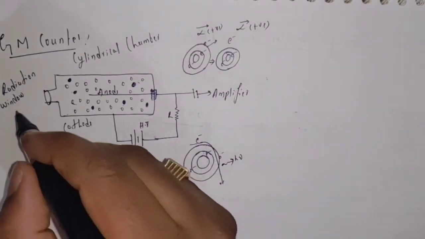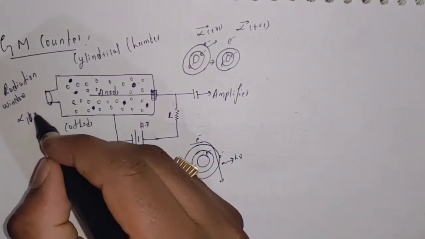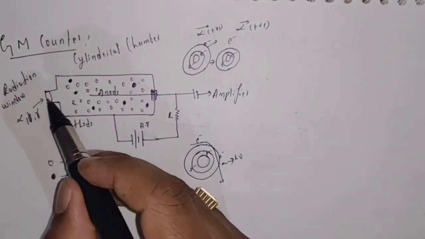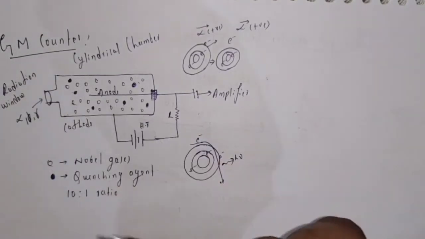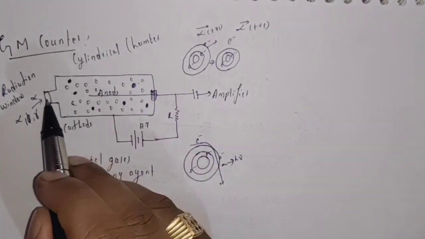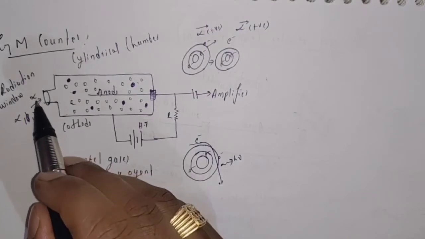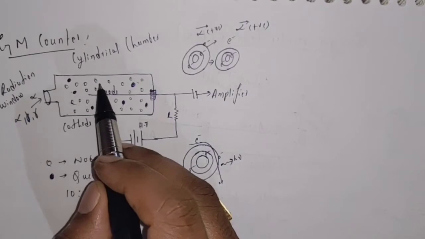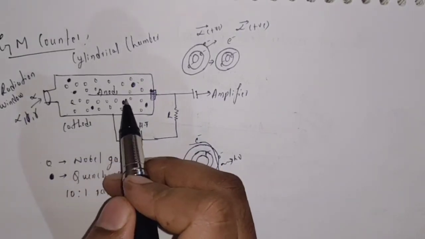Let us suppose an alpha or beta or gamma particle enters the GM tube through the radiation window. Suppose an alpha particle enters the GM tube. This alpha particle has a positive charge, and it is capable of ionizing the neutral gas atoms present in the cylindrical chamber.